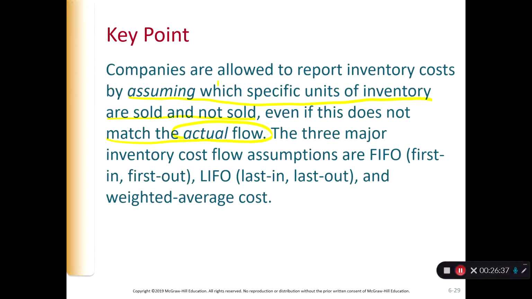In accounting, you tell the accountant that you didn't really trace the actual flow of the inventory. Is that okay? It's allowed. GAAP allows it. The three major inventory cost flow assumptions are FIFO, LIFO, and the weighted average.